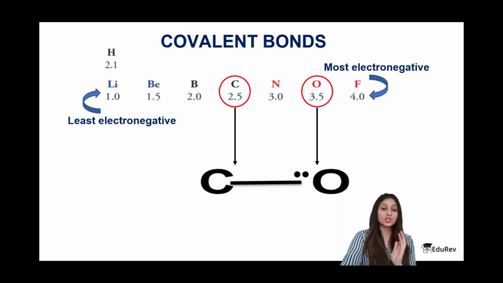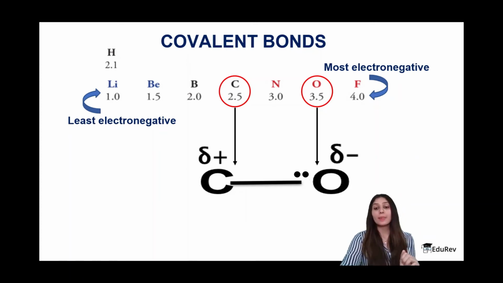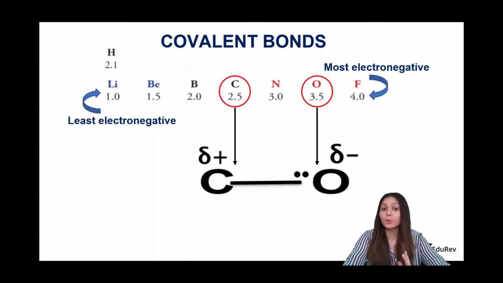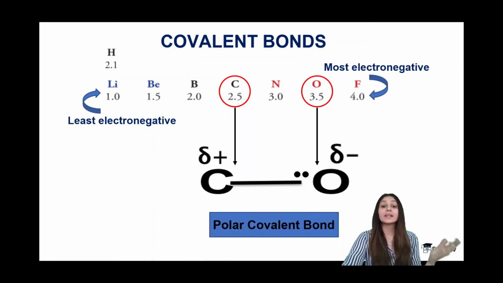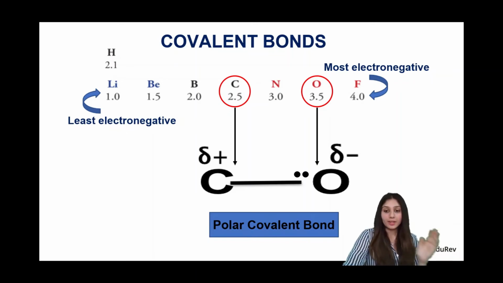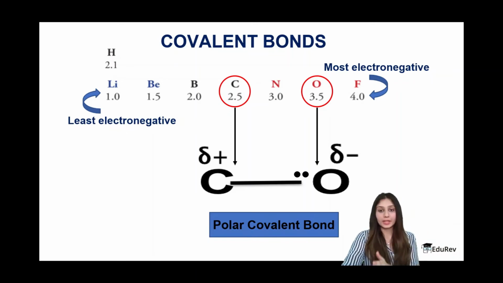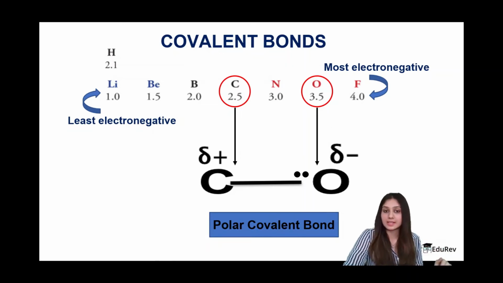And because of this shared pair shifting more towards oxygen, there is polarity created, positive and negative poles. Remember, these are not charges, okay? Just like cations and anions, no. These are poles, and that is called a polar covalent bond. A delta positive and delta negative charge is created, okay? A delta negative on the one which is more electronegative, which is oxygen in this case, and delta positive, which is carbon in this case.